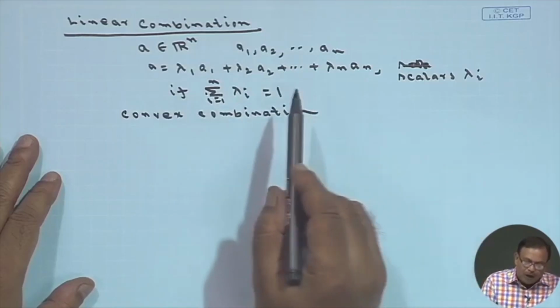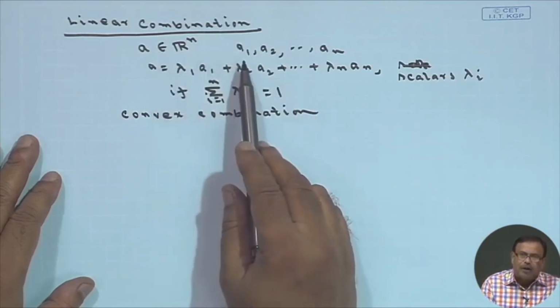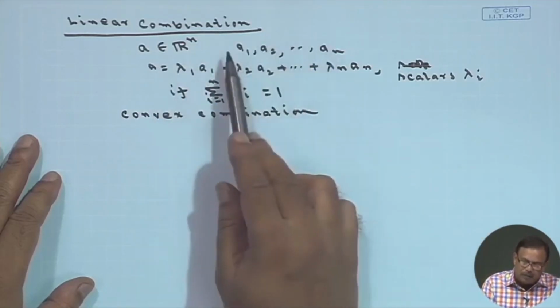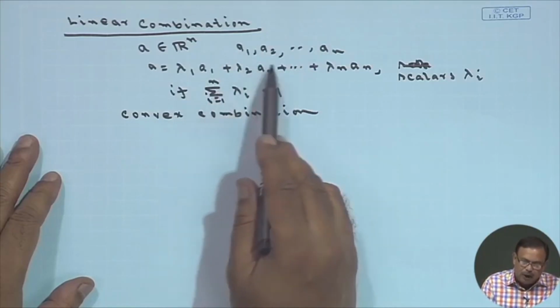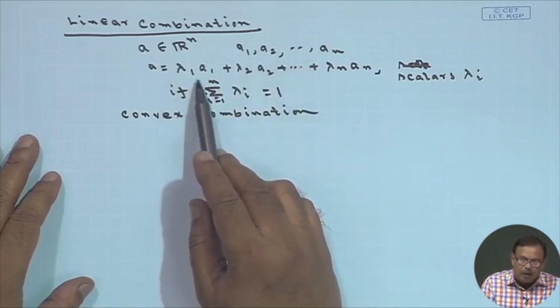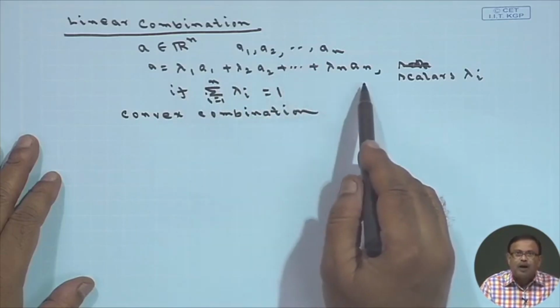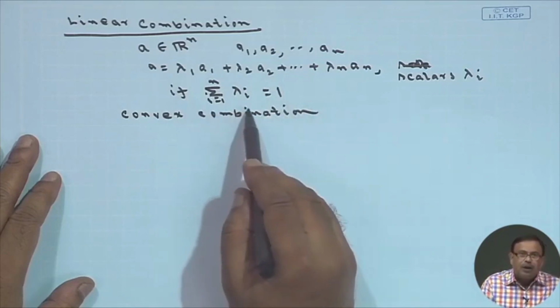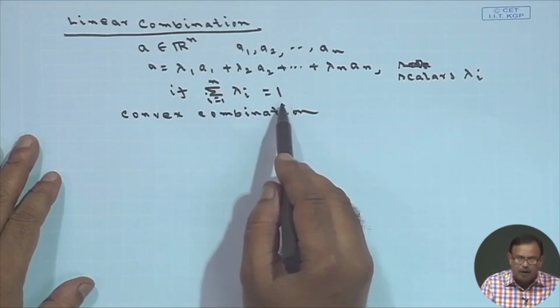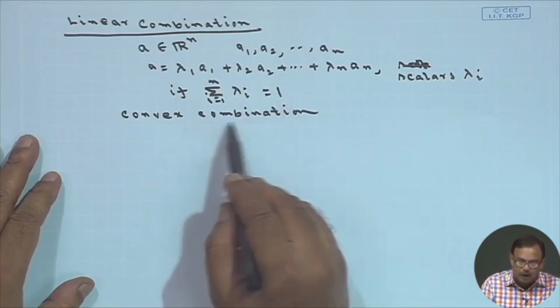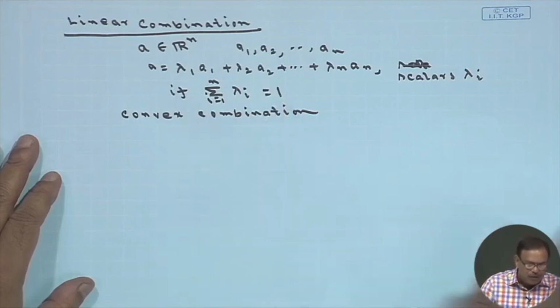So, if I can represent a vector A in terms of n vectors a 1, a 2, a n like this, A equals lambda 1 a 1 plus lambda 2 a 2 plus lambda n a n, and if the summation of lambda i from i equals 1 to n equals 1, then the combination we call a convex combination.